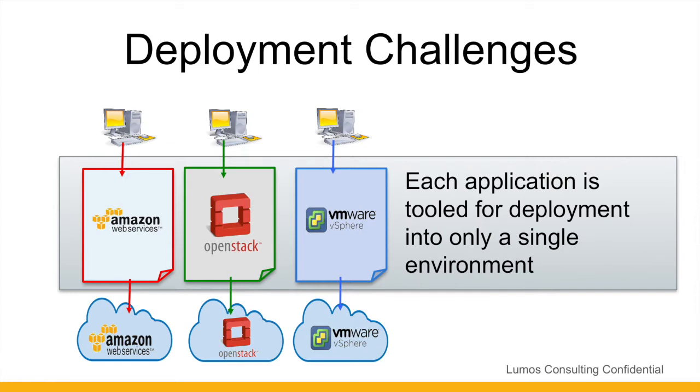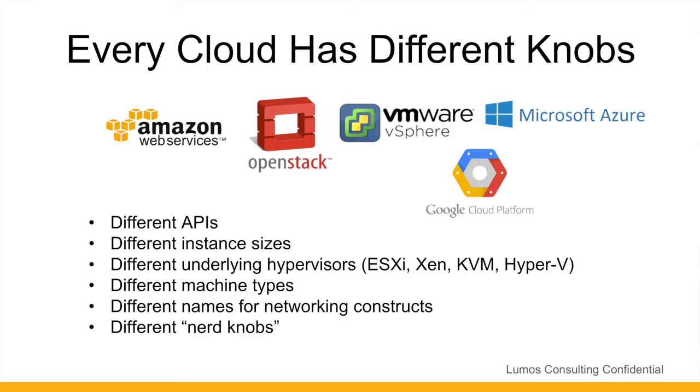So that can cause some challenges in terms of being able to deploy your applications. And the reason for this is that every cloud has different knobs. So they all, Amazon, OpenStack, VMware vSphere, Microsoft Azure, Google Compute, they all have different APIs. They have different instance sizes and types. They all have different underlying hypervisors.